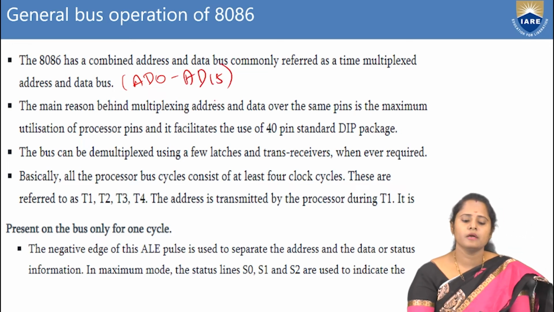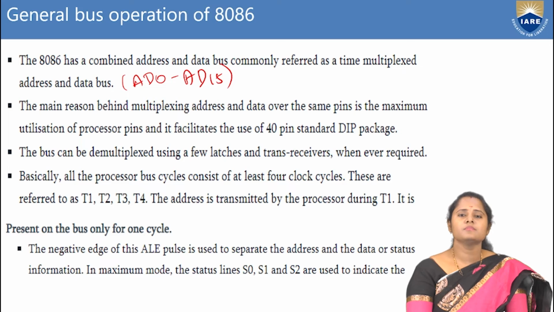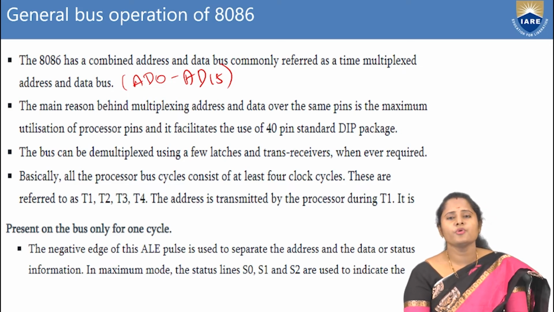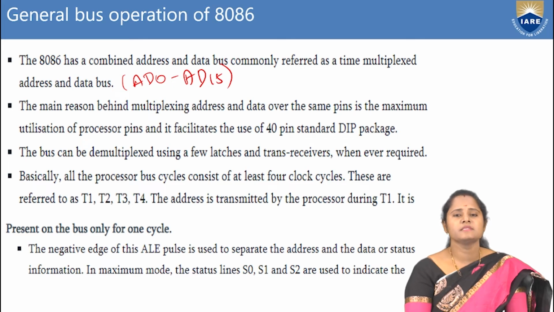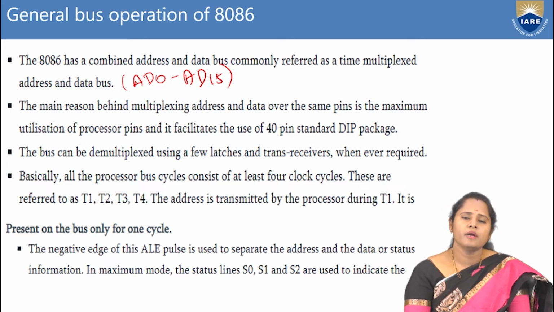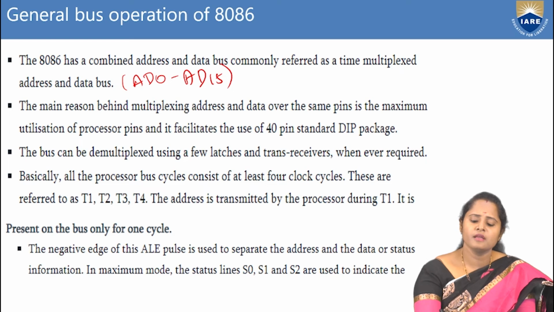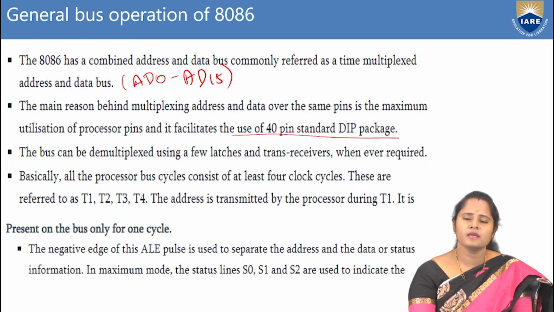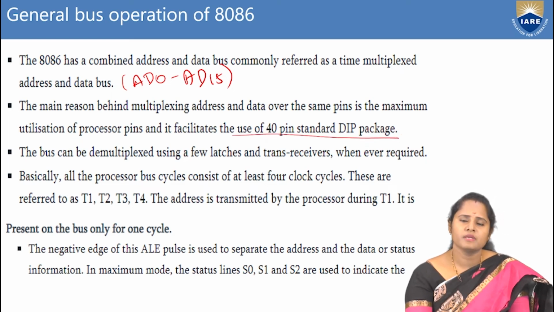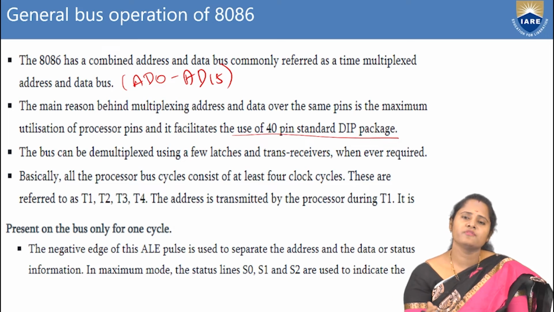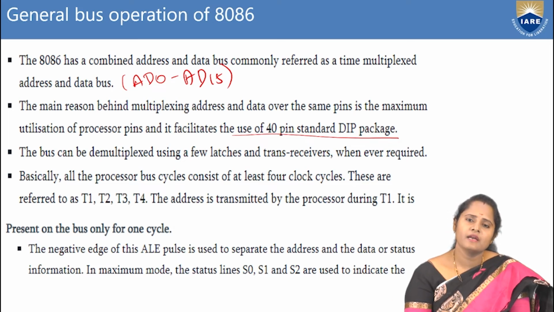The main reason behind the multiplexing of the address and data bus is to reduce the number of pins, by defining the dual inline package, which gives you a 40-pin IC. If you define separate pins for address and data, each pin occupies more power in order to function.